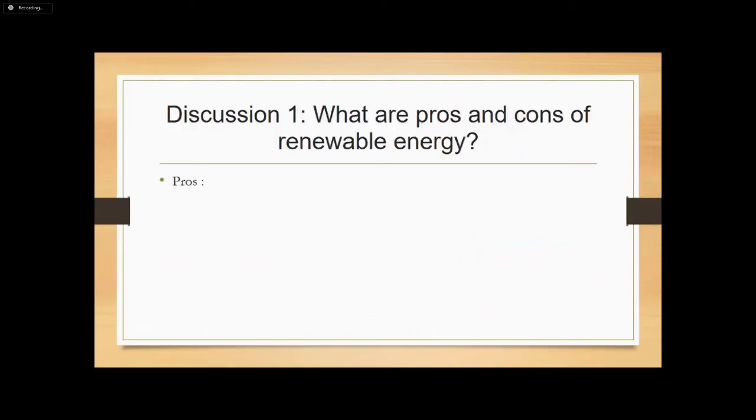So the pros and cons of it. What are the pros of tidal energy? That's pretty much the same thing. But yeah, it offers stable prices. It's environmentally friendly, as you said. It has job creation and it has low operational cost.